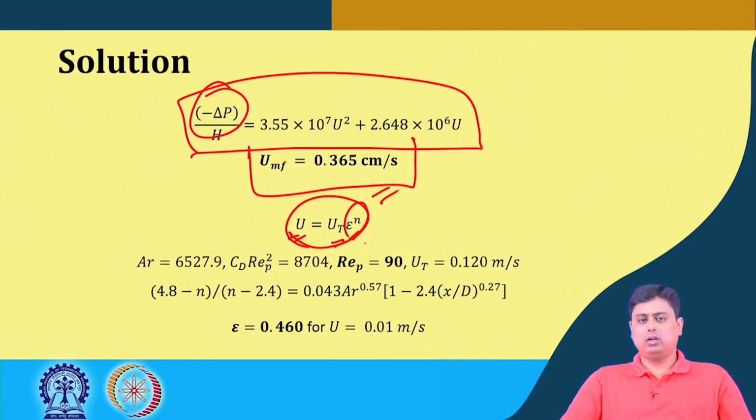To calculate or to use the appropriate value of this index n, we have to know the Reynolds number range in which it is currently operating, in which range it is falling.